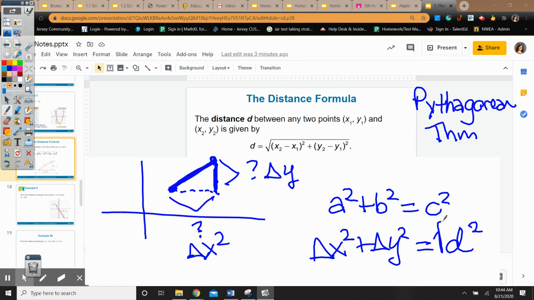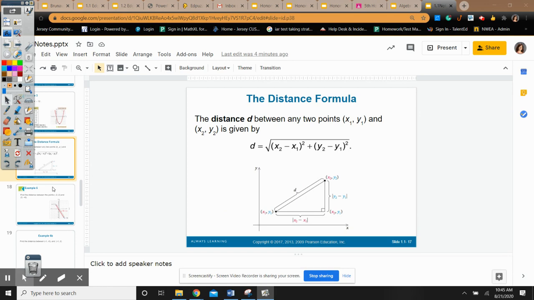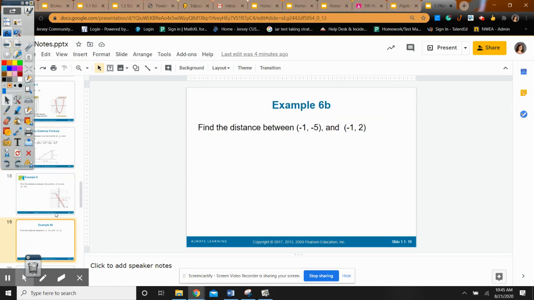But if you square root both sides, then this is where the formula comes from. The distance is going to be the square root of how far apart the x's are squared plus how far apart the y's are squared. And if you can see it like the Pythagorean theorem, this is going to make distance problems so much easier for you.